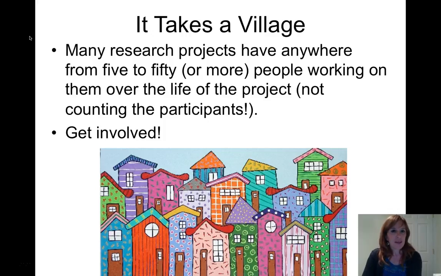The last point that I'll make is that it involves a ton of people to do research. So a lot of projects have anywhere from 5 to 50 or more people working on the project over the life of the project, not counting the participants. And for those of you who are at all interested in doing research in your careers, in perhaps moving forward and getting a PhD and getting involved in research in that way, I can't stress enough how important I think it is and how useful I think it is to get involved in that research process early on.